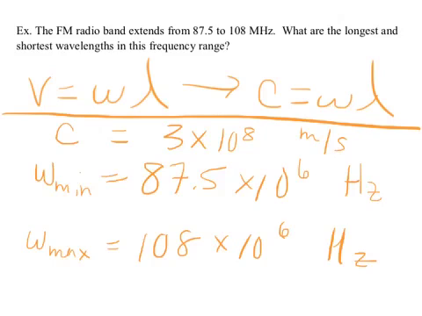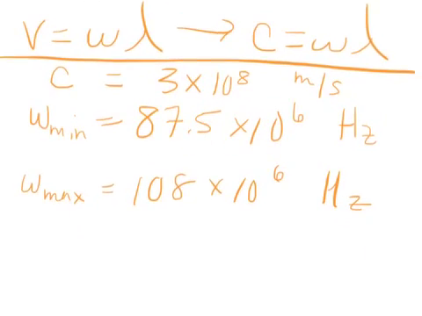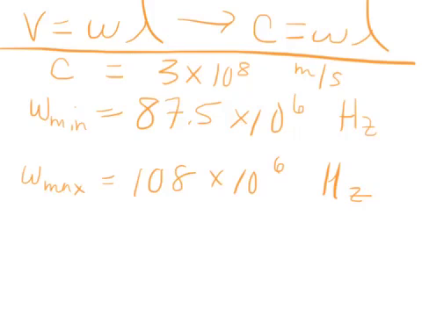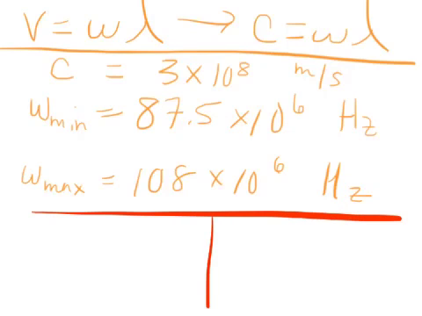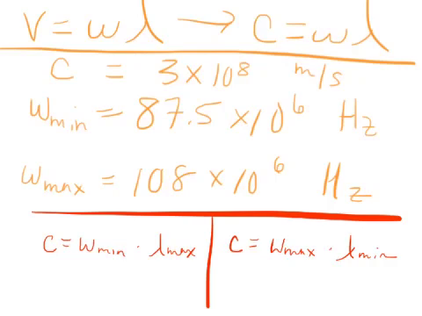So here's what your formulas are going to look like. Let's break it into two parts. First, on the left-hand side, you're going to have c equals omega min times lambda max. And here you're going to have c equals omega max times lambda min. So again, what are we trying to find? We're trying to find the wavelength for each of these scenarios.